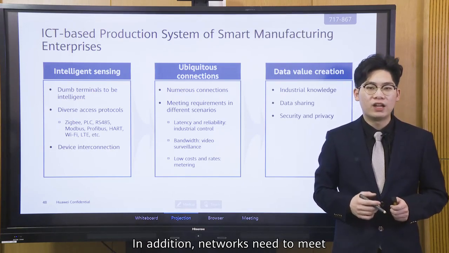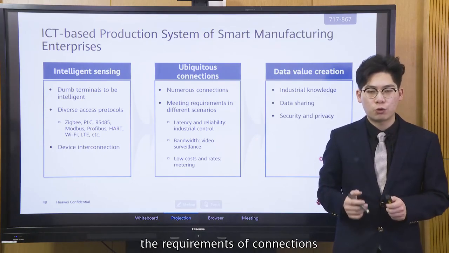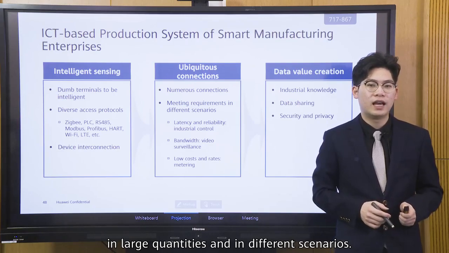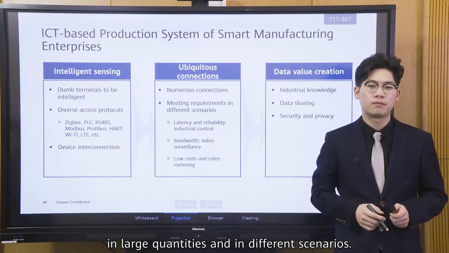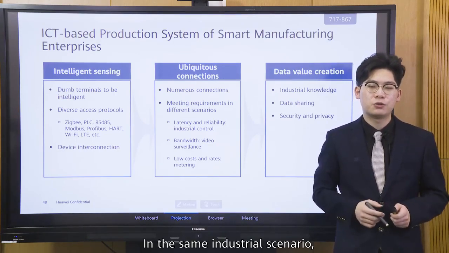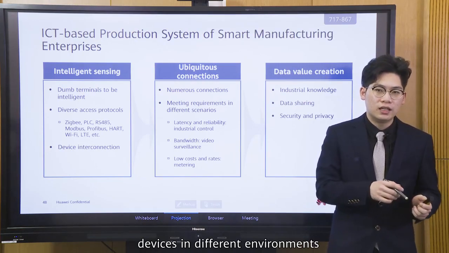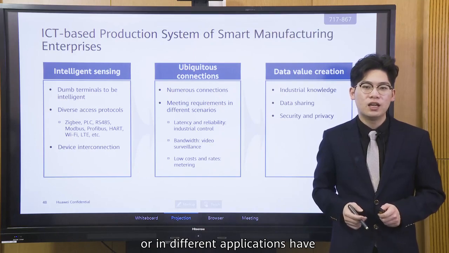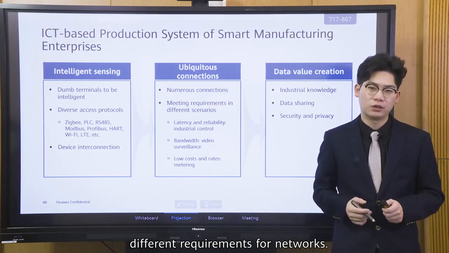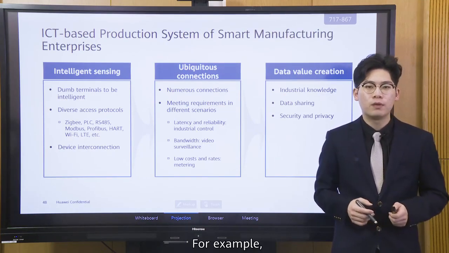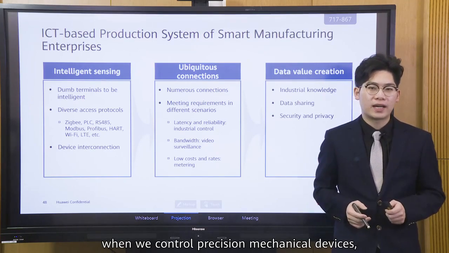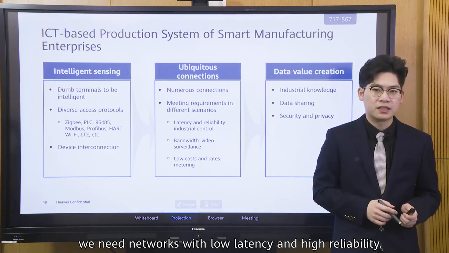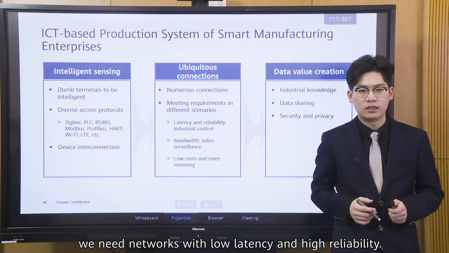In addition, networks need to meet the requirements of connections in large quantities and in different scenarios. In the same industrial scenario, devices in different environments or in different applications have different requirements for networks. For example, when we control precision mechanical devices, we need networks with low latency and high reliability.